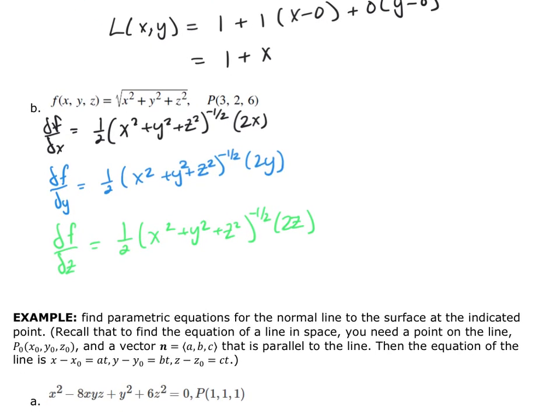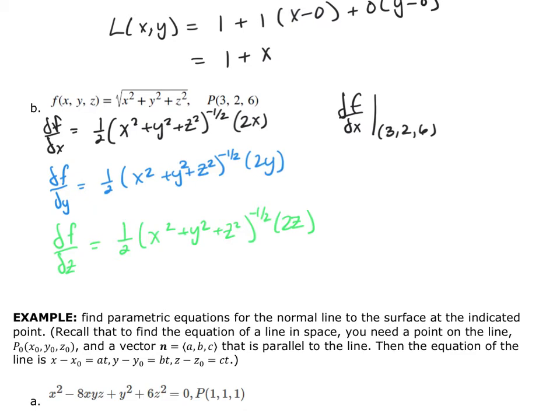So df/dx evaluated at 3, 2, and 6. Well, this part will be the same for all of them, right? I'm going to have 3 squared, which is 9, plus 2 squared, which is 4, and 6 squared, which is 36. So 36 plus 4 plus 9 gives me 49, so that's nice.